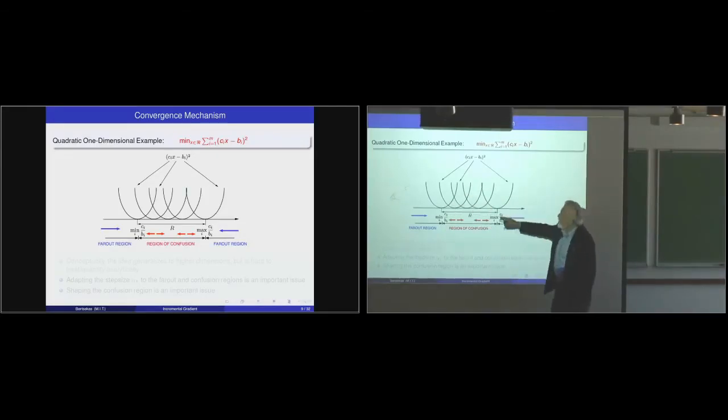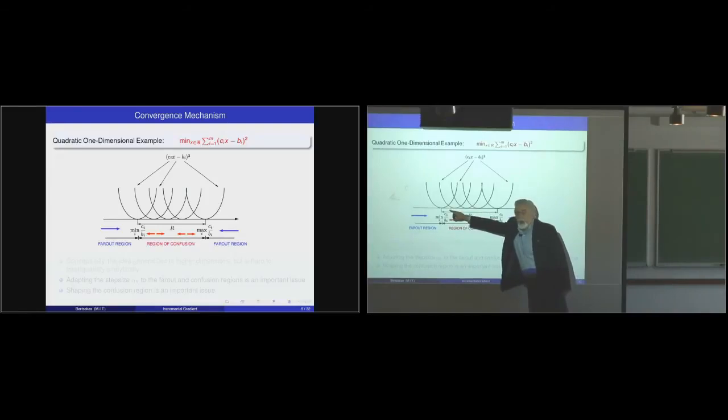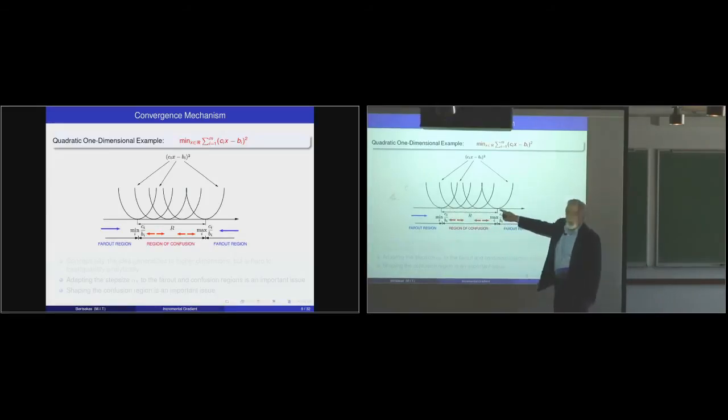And of course, the minimum of the sum is somewhere over here, somewhere in this region between the minimum of the minima and the maximum of the minima of the components. Okay. So now, how would the incremental method work? The incremental gradient method, suppose that it starts at some point far to the right.